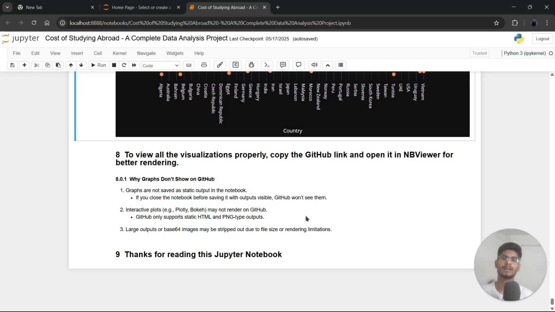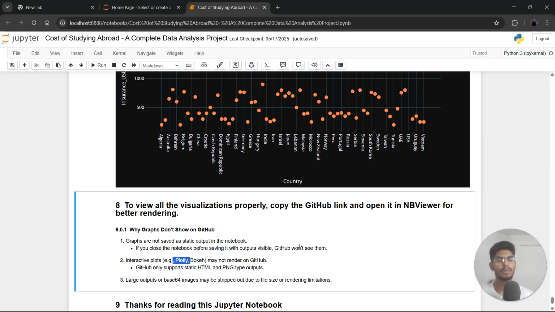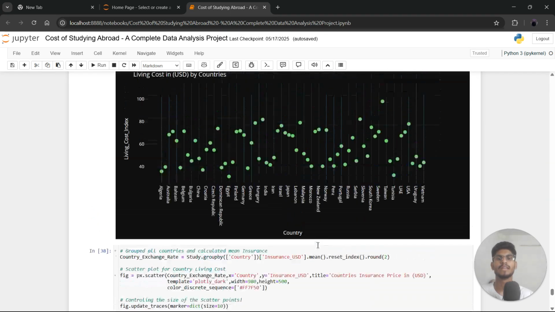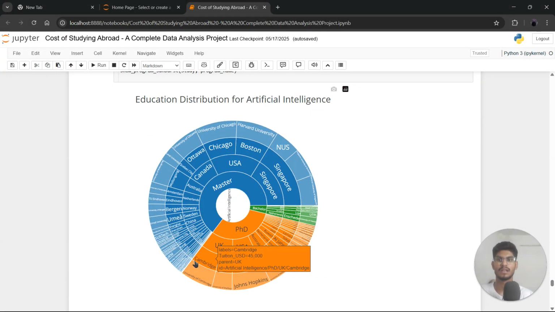But the interactive charts I have created by using Plotly Express will not be seen. So you can copy my GitHub link and go to the website called nbviewer and paste it right there, so that you can even access these beautiful charts, which will help you to understand better.